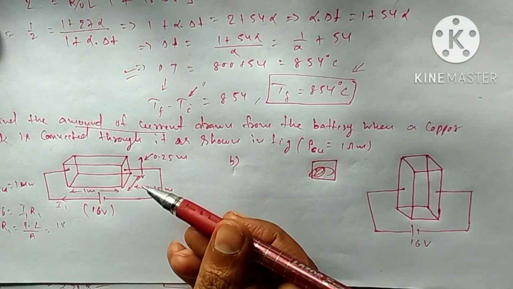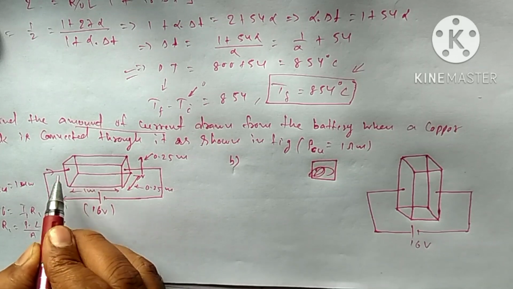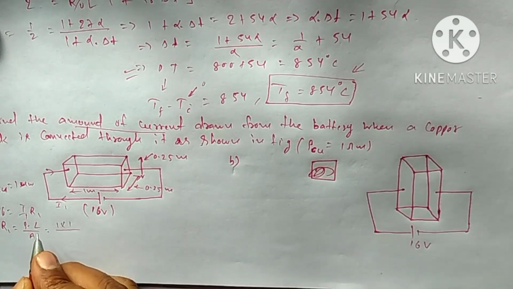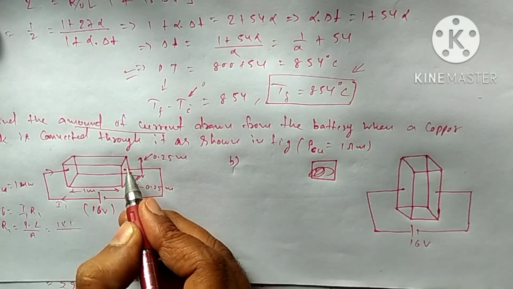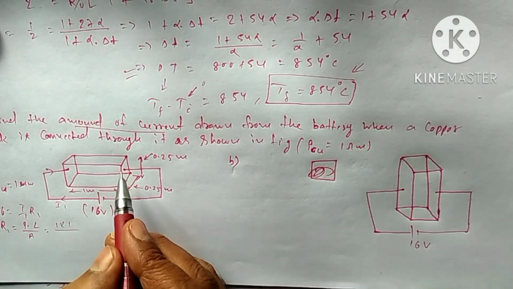Whenever current flows through this copper plate, it goes through the length L, which is 1 meter, divided by the area. This is the important thing we have to consider here.